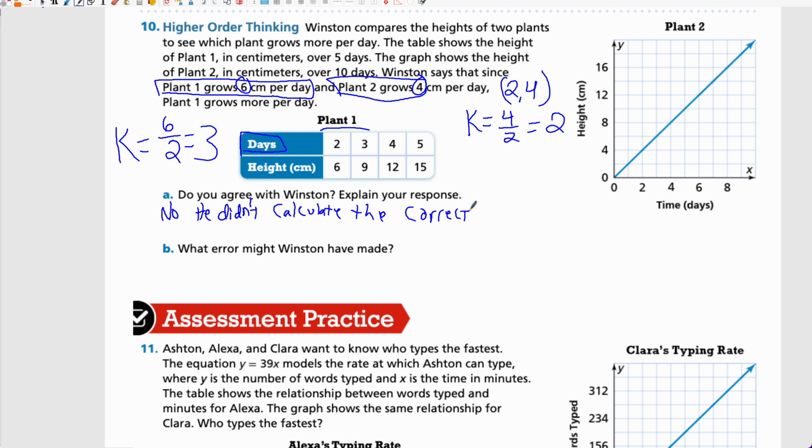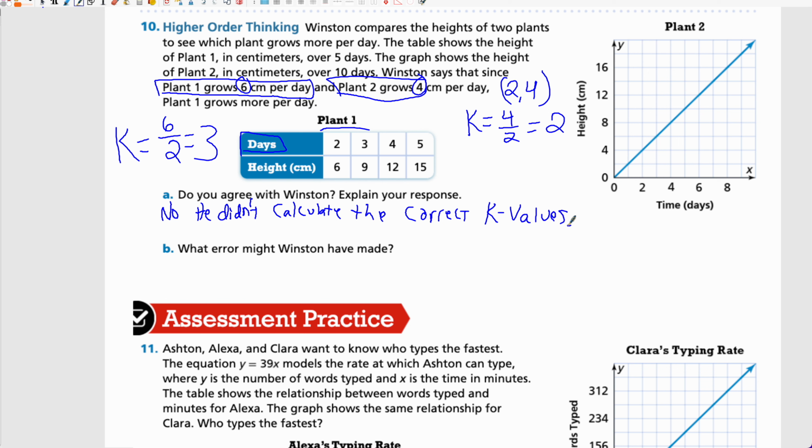Constant of proportionality. Isn't it way easier to write K value than to write out constant of proportionality? He didn't calculate the correct K value. And actually, that should be K values because he didn't do either one of them right.